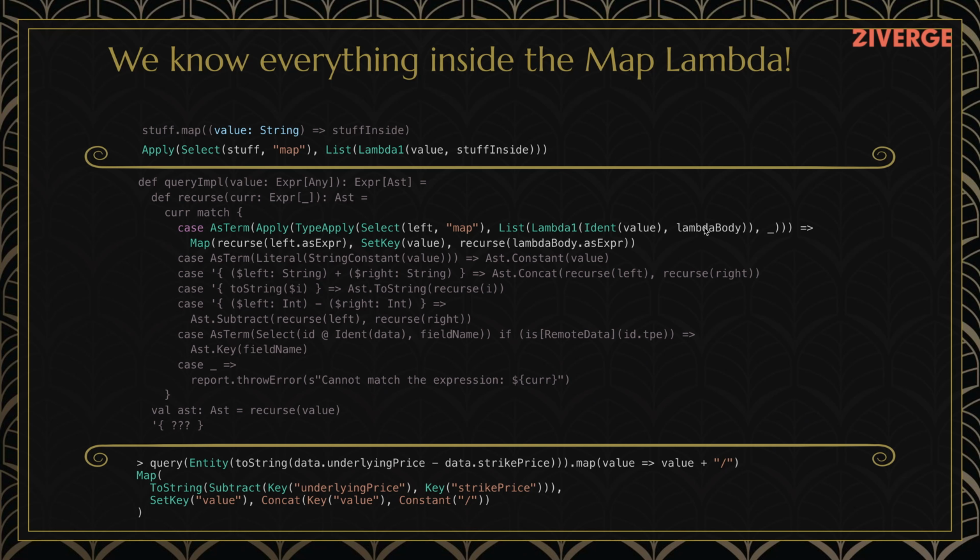So we know where the lambda body is, and we just recurse into that. Right? Here's the lambda, here's the body, recurse into the lambda body. And that's it. It's a completely transparent container, and we know what to do with it.